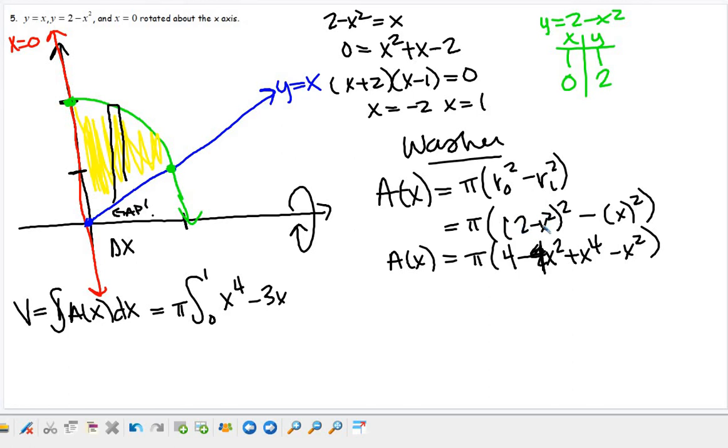It's twice the product of 2 times negative, so it'd be negative 4, which means negative 5x squared plus 4 dx.